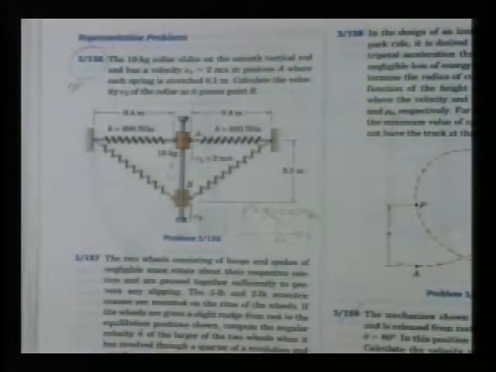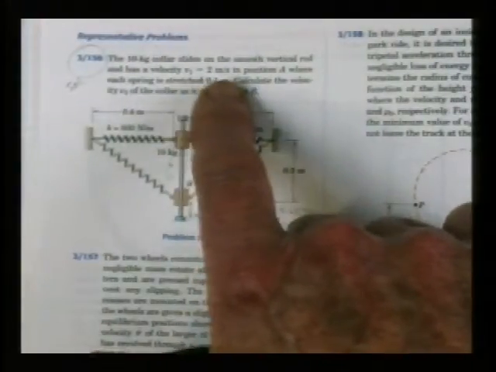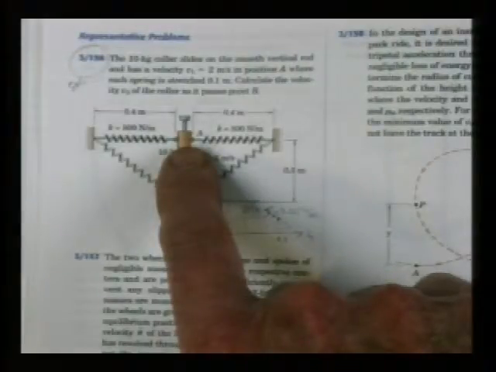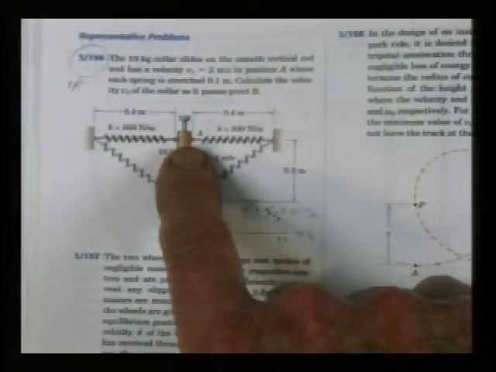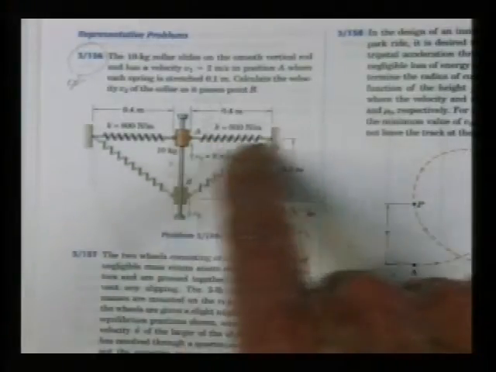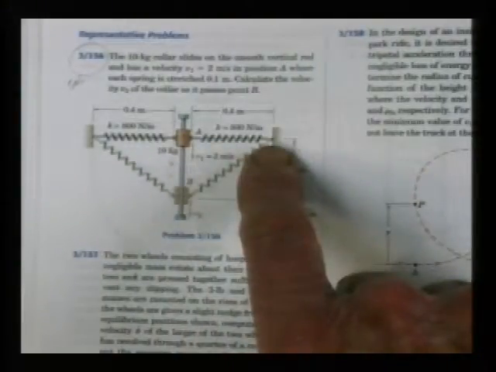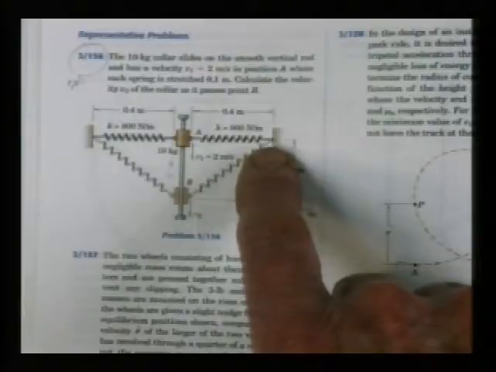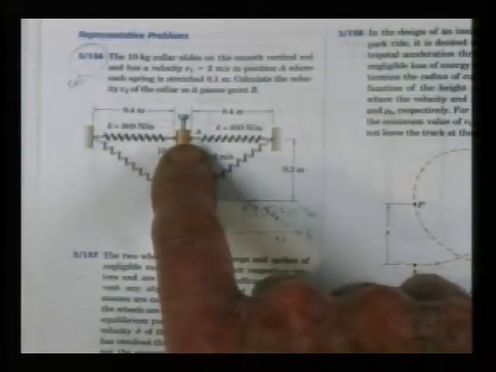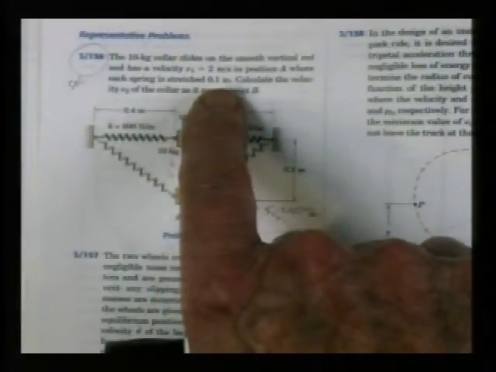We have a 10 kilogram collar that slides on a smooth vertical rod with a velocity of 2 meters per second as it passes this horizontal position up here. And check this out: the springs are 0.4 meters long, and each spring, as it passes through this position, already has some stretch in it of 1/10 of a meter.